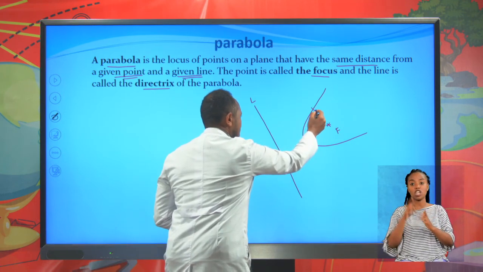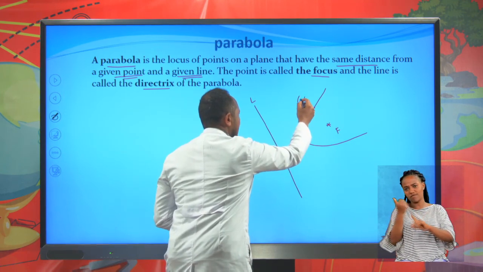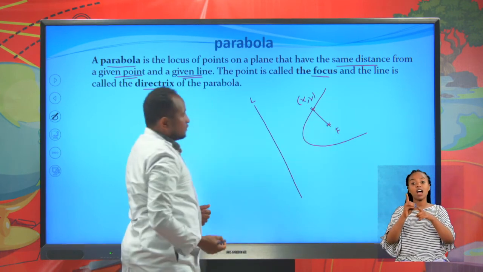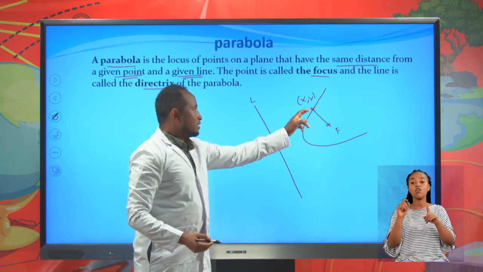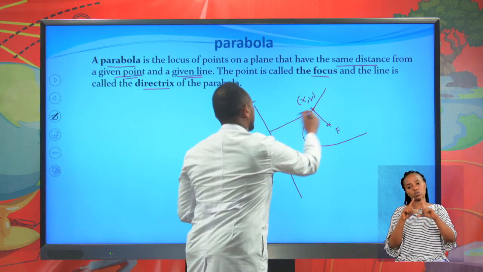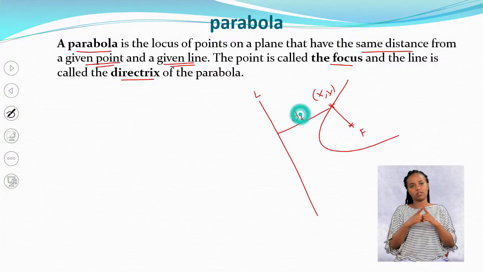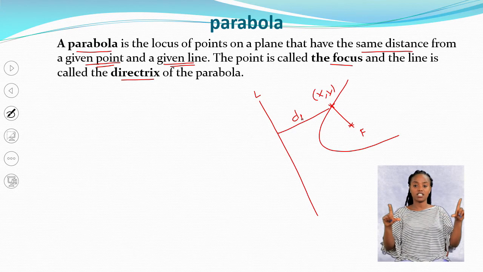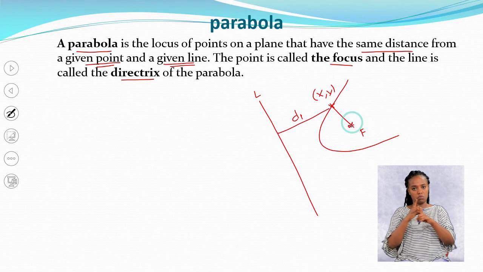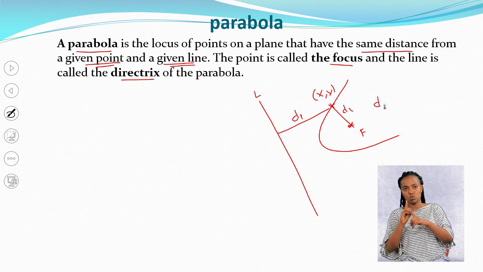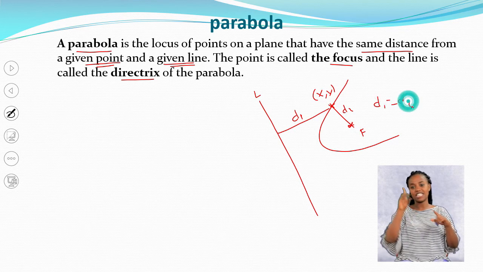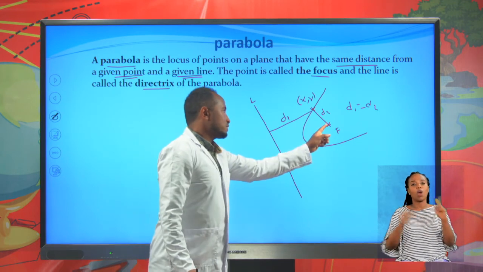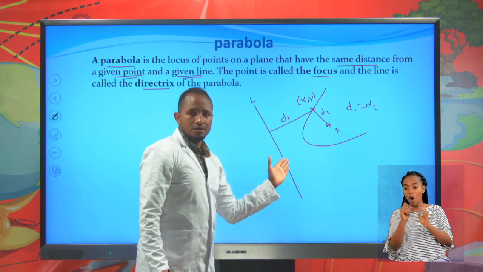If you take any arbitrary point on the parabola, the distance from the point to the focus, D1, and the distance from the point to the directrix, D2, are equal. This is the definition of a parabola: a locus of a point which is at equal distance from the fixed point, the focus, and a fixed line.